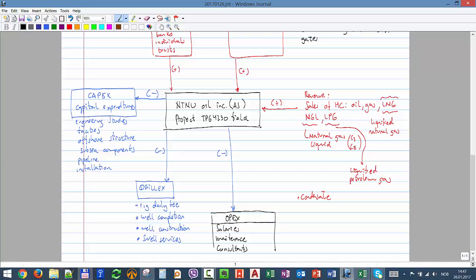I have to pay for energy consumption. Renting offices or renting costs. Then I have chemicals, if I need any sort of chemicals in my process, processing. If I need to do any stimulation on my wells, that's also included here.